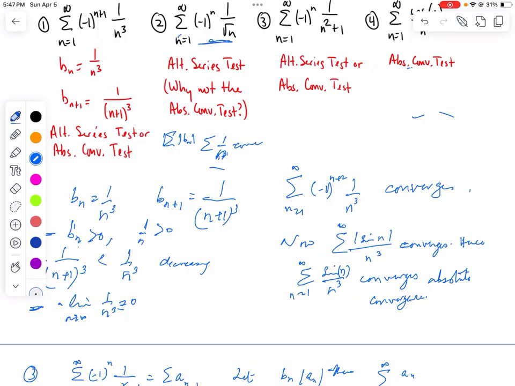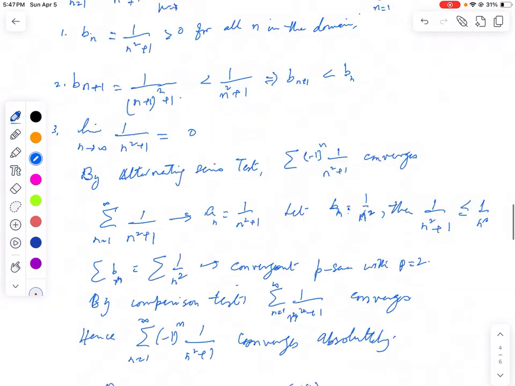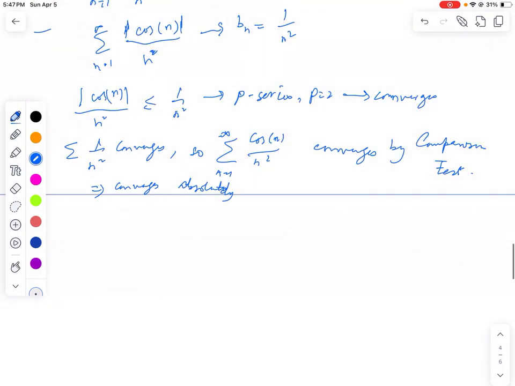of n. So now I'm looking at this series. How can we show that this is convergent or not convergent? We are looking at example 2.